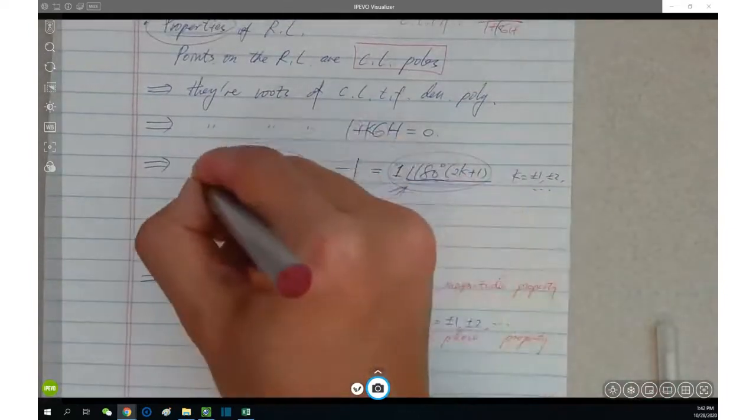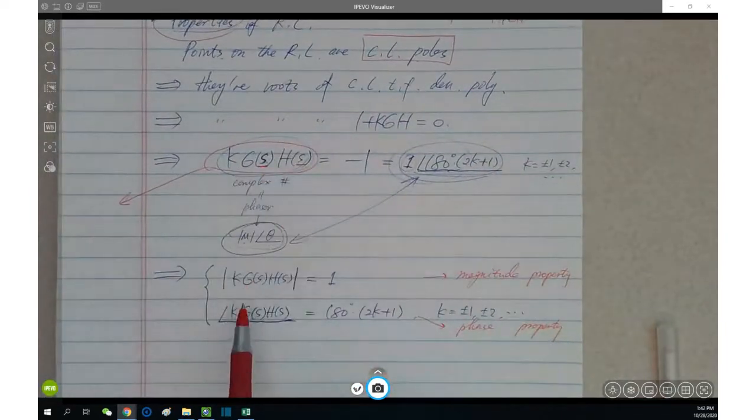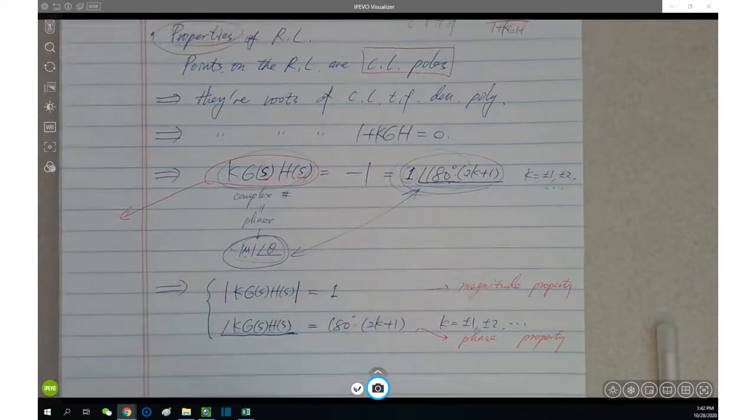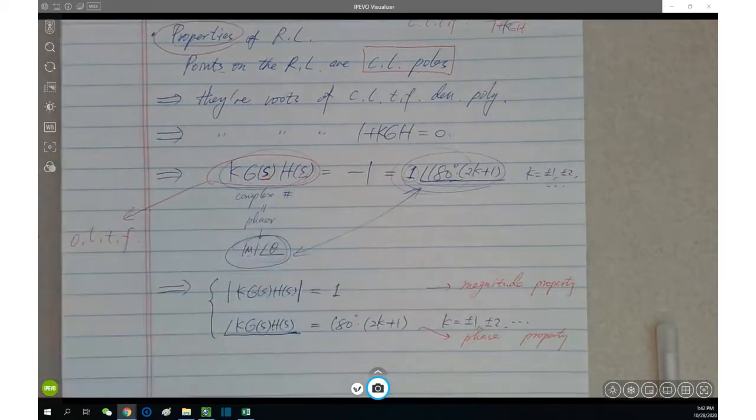Who is it? For KGH, we receive two properties, magnitude and phase properties. But who is KGH? Anyone realize? Does it make sense? It's nothing but our open loop transfer function. So your open loop transfer function follows two properties like this.